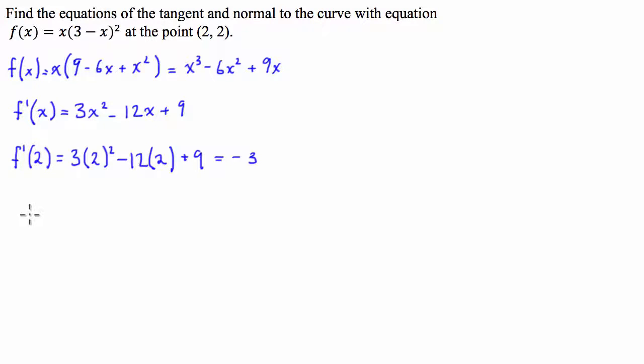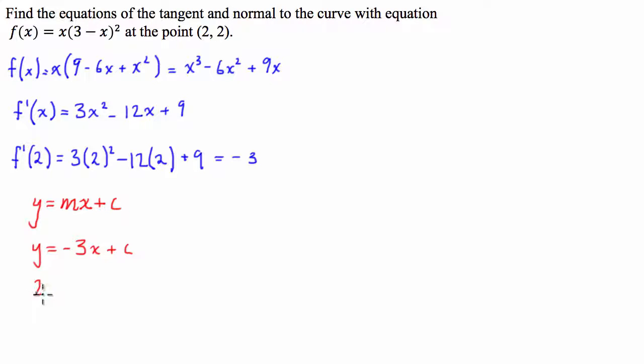So the equation of our tangent takes the form y equals mx plus c, and we know that the m of this function is going to be negative 3. So let's plug that in. So we have y equals negative 3x plus c. Cool. Now we also know that this tangent line goes through the point 2, comma 2. So we sub in these 2 points and we'll be able to solve for c.